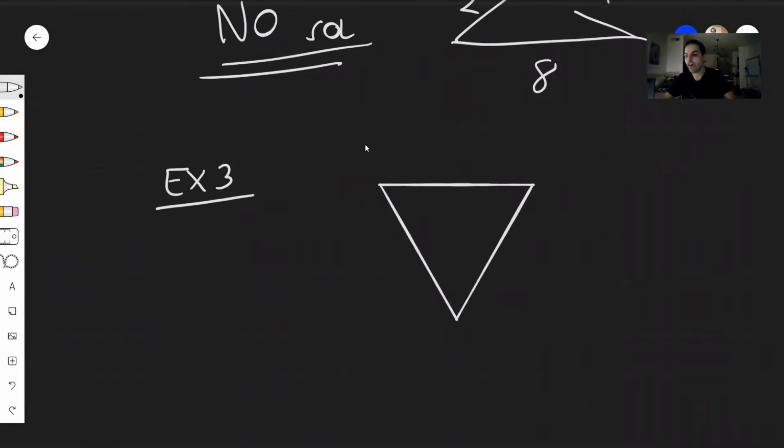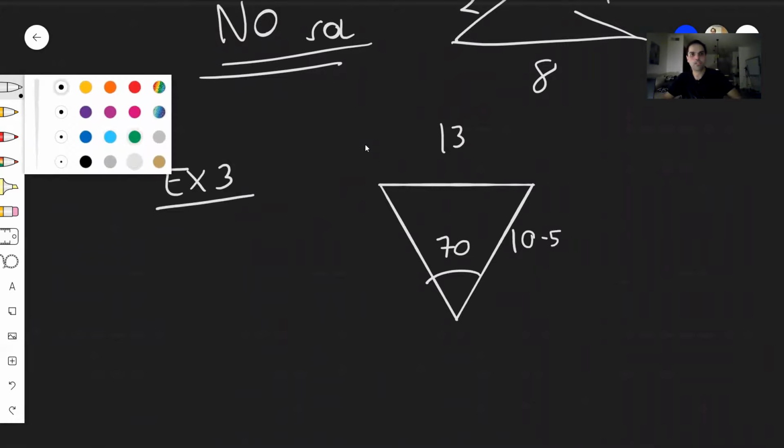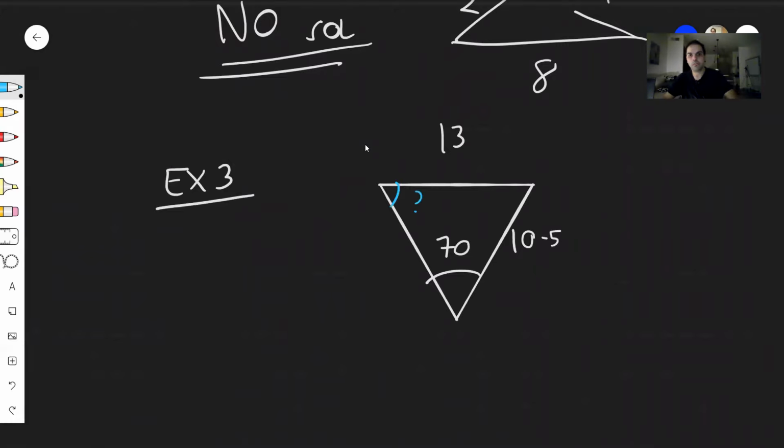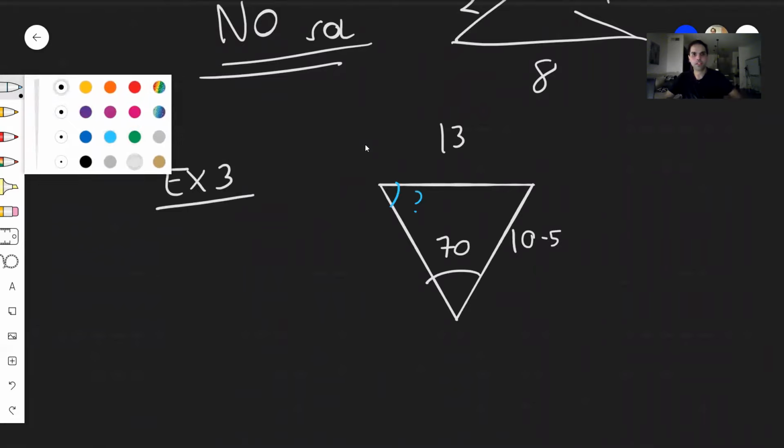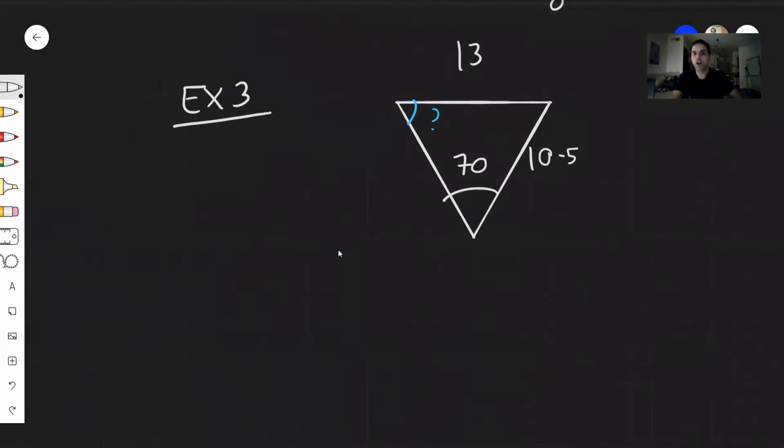So now how about the following triangle? This is 13, this is 70 degrees and 10.5, and we want to find out this angle. Then again, law of sines. Opposite over sine of angle equals opposite over sine of angle.